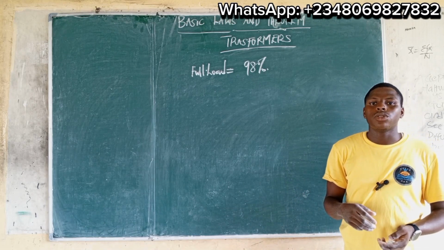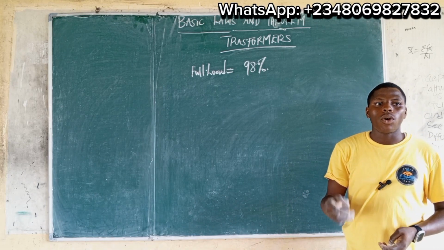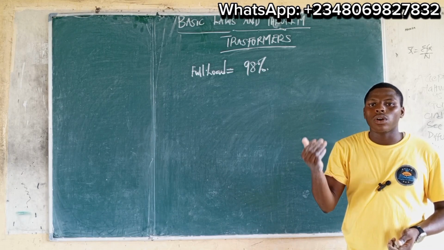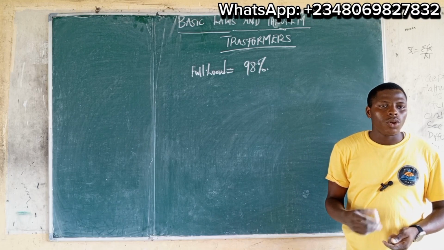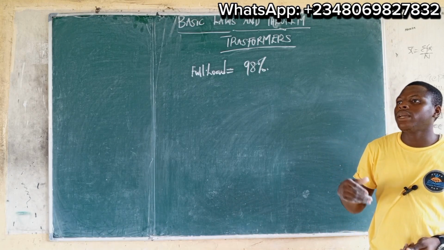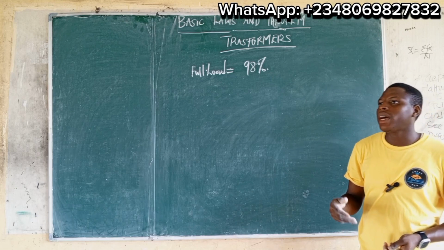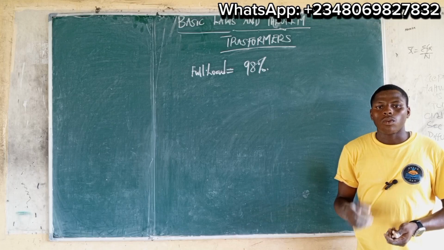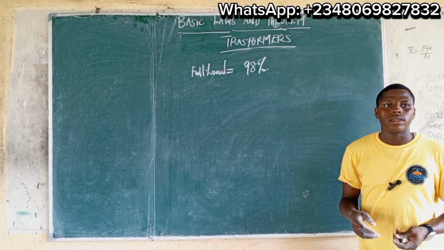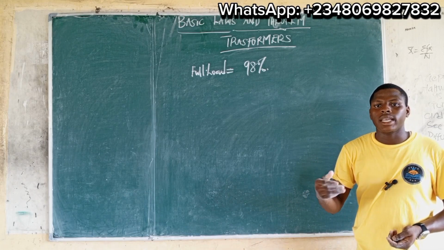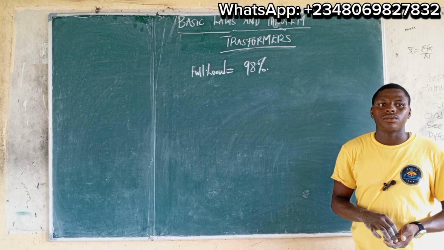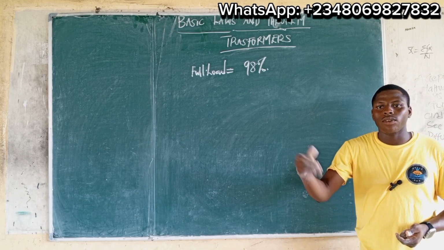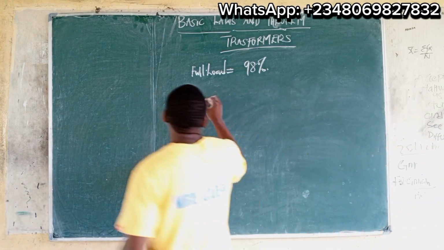For your copper loss, you alter it by multiplying 0.5 squared to your value. While for your output power, you take half of your value.